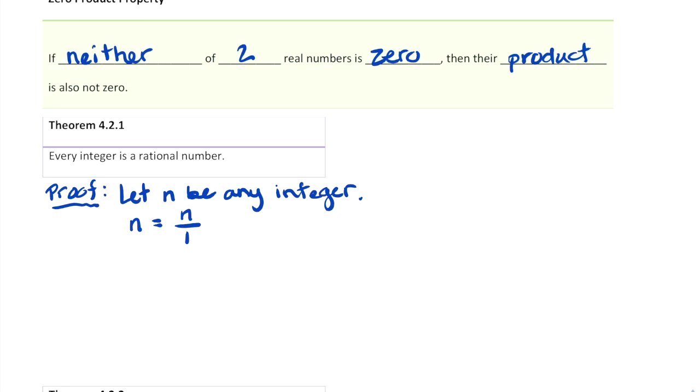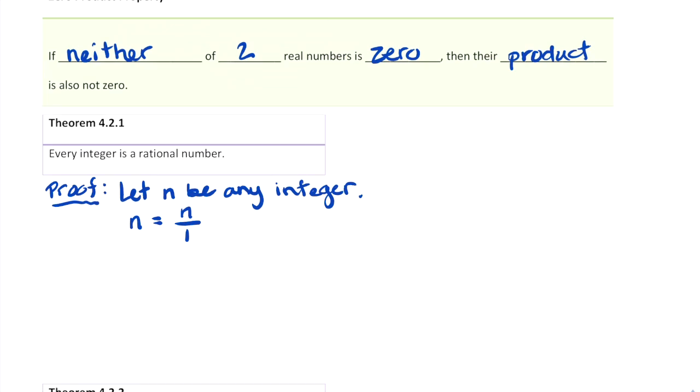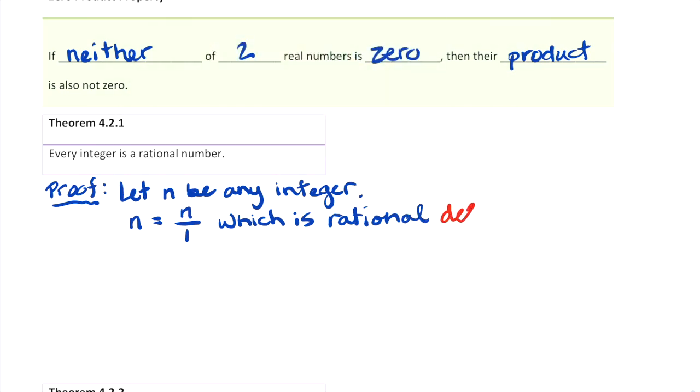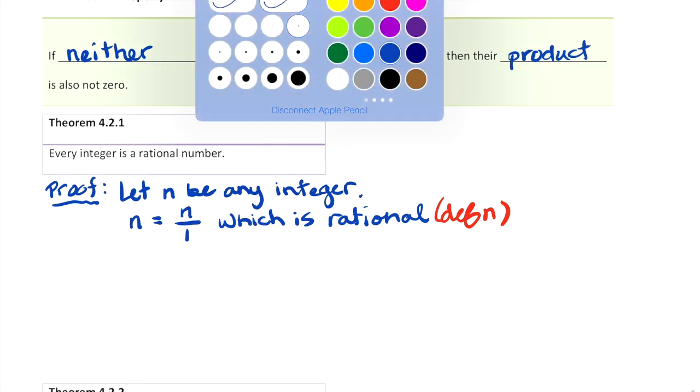Even when n is 0. Which is rational, and that's by definition of rational numbers.